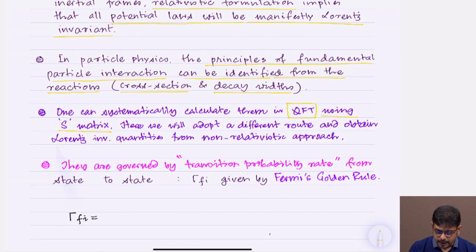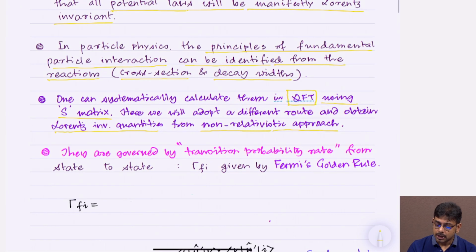What we are going to do is adopt a different route and arrive at the Lorentz invariant phase space from what we call a non-relativistic approach. This is going to be our approach. If you want to look into the details, I am following the book of Mark Thompson. So, you can also do that.